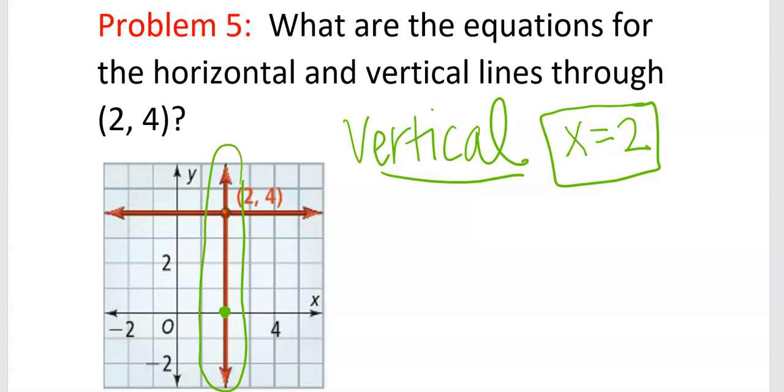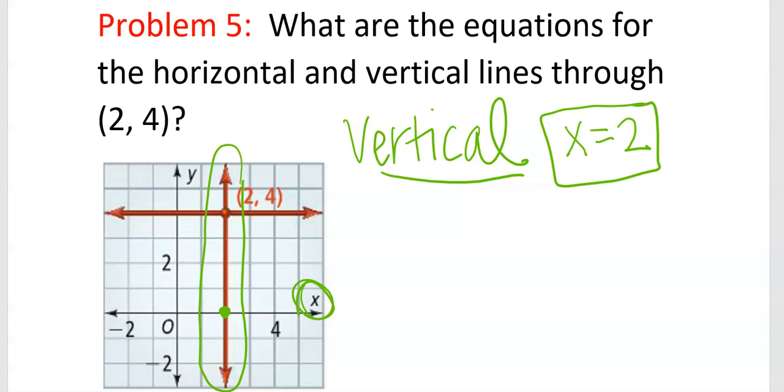That's it. Okay, so if you are looking for a vertical line, the vertical line passes through the x-axis at 2. That's it. Because then every other point would be 2 something, right? 2, 1, 2, 2, 2, 3, 2, 4, 2, negative 1, whatever. The x's are always the same.